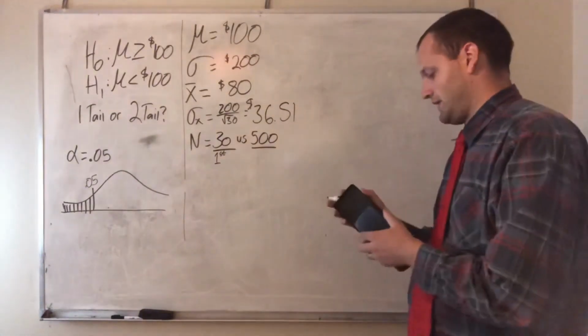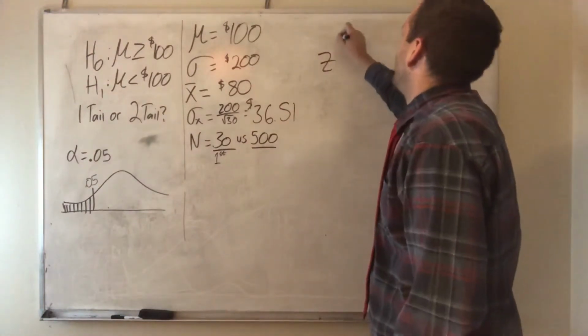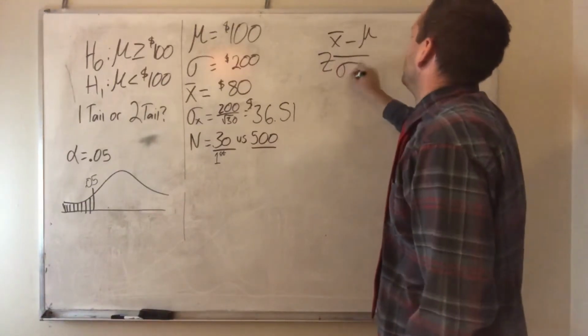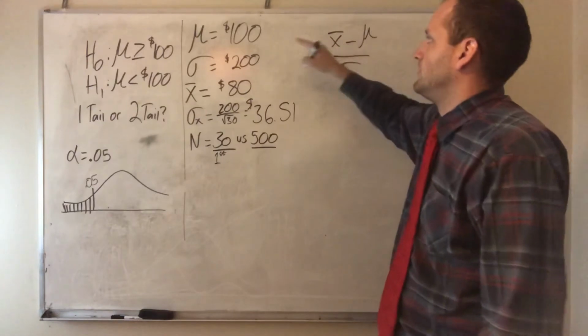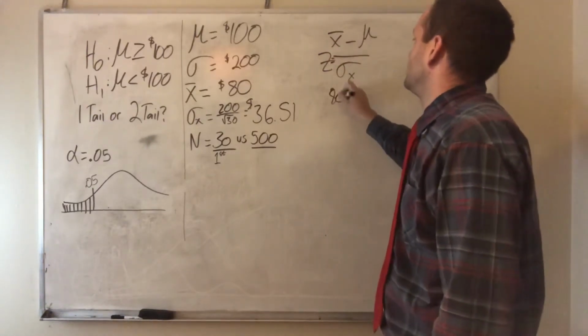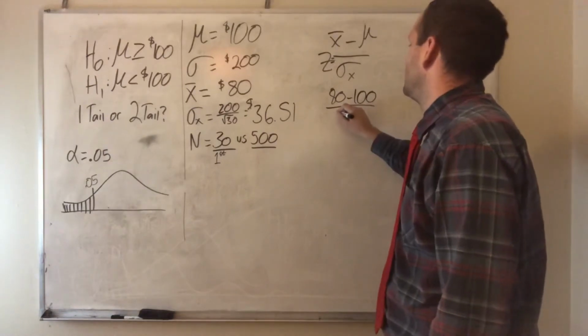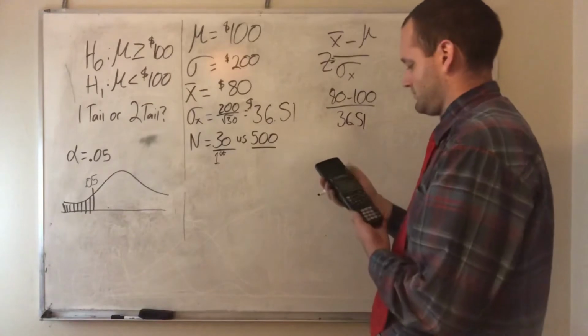Well, let's go through and calculate the rest of this now. So it is the z-score of x bar minus mu divided by the standard deviation of the sample. So x bar is 80 minus 100 over 36.51. Let's see what we get.